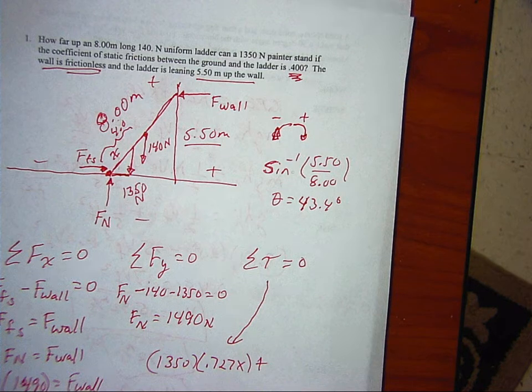Now for the next one, the ladder, we know this is 4, so we need that distance. So that's 4 times the cosine of 43.4, which is 2.91.